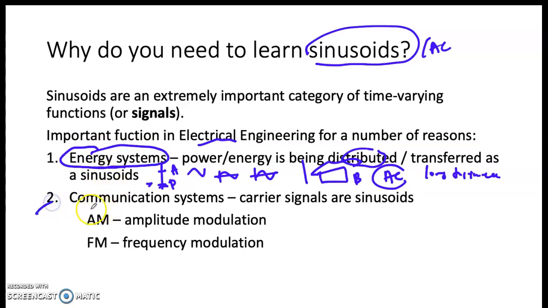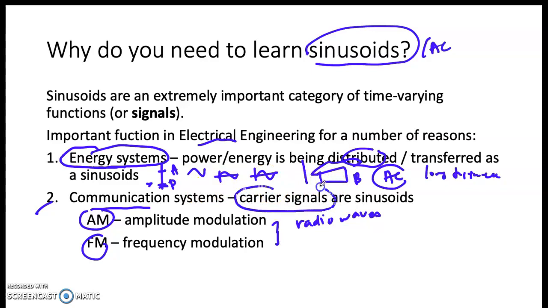The second application is communication systems, where you know about FM radio, right? This is what we call radio waves. In order to transmit a wave from one location to another, we need what we call carrier signals.